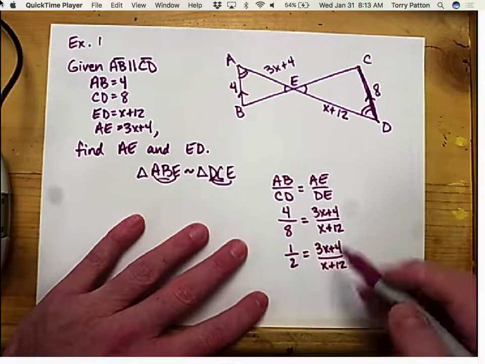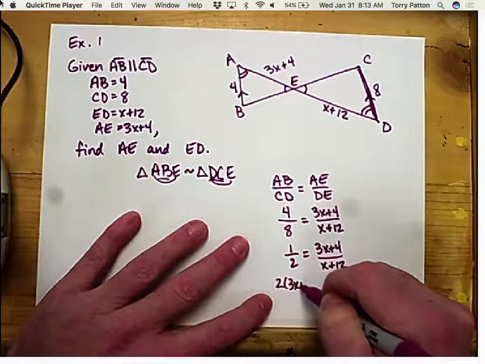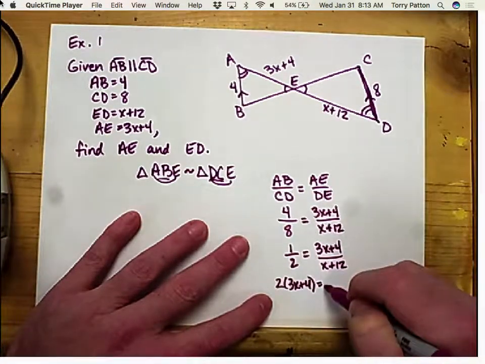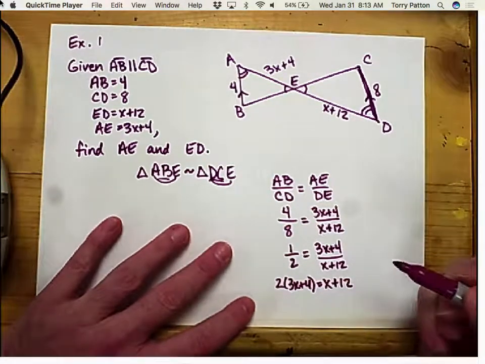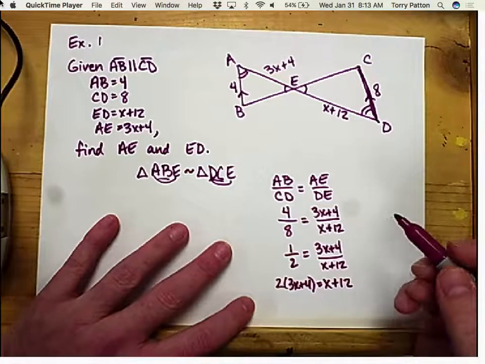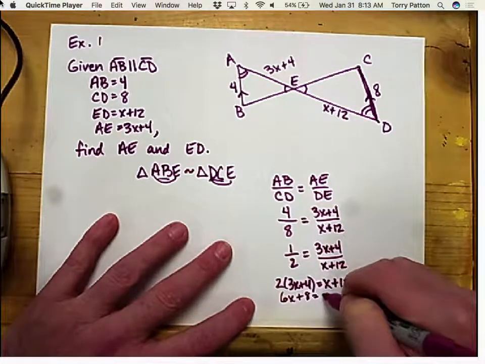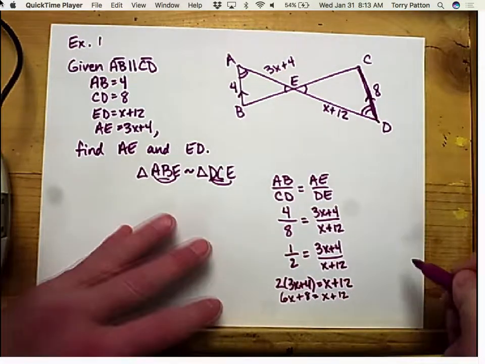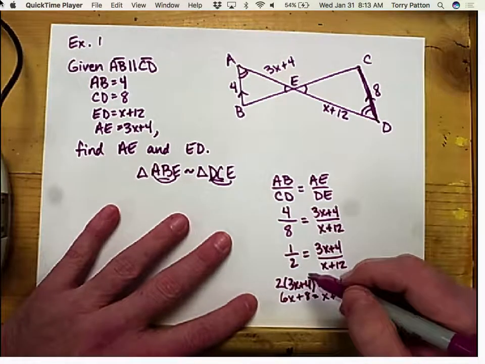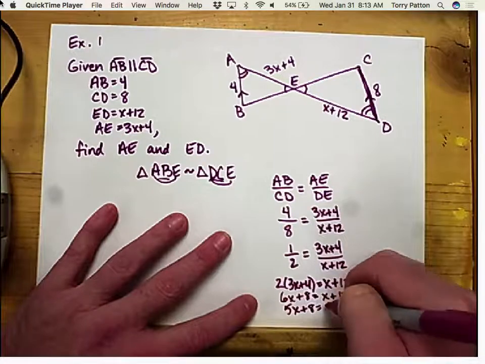Now if you cross multiply, you've got 2 times 3x plus 4 equals x plus 12. What's next? 6x plus 8 equals x plus 12. So subtract x, you get 5x plus 8 equals 12.